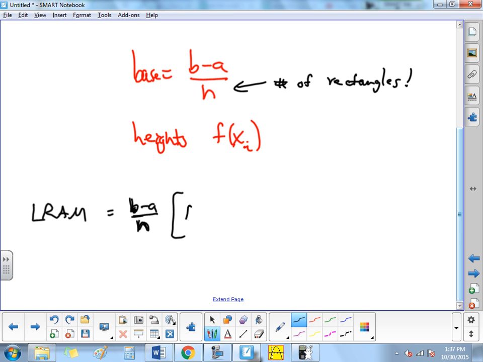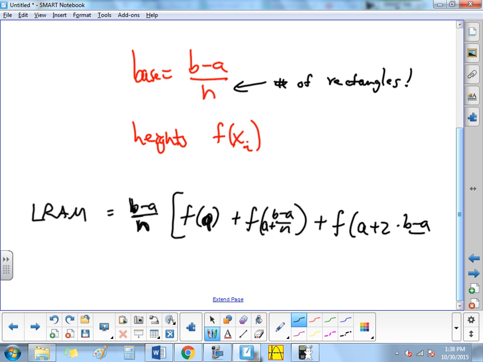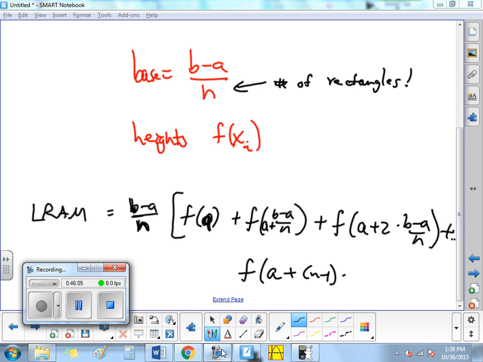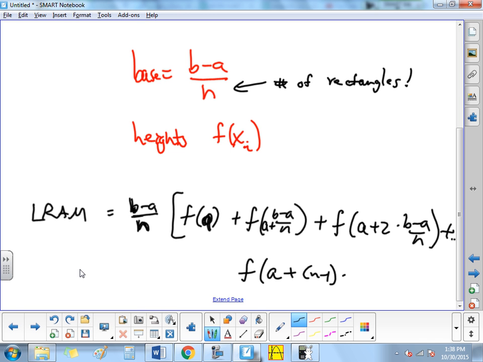On the inside, you'll have f of a plus f of a plus B minus A over N plus f of a plus 2 times B minus A over N. And this is just going to go on and on and on until you get to f of a plus n minus 1 times B minus A over N.